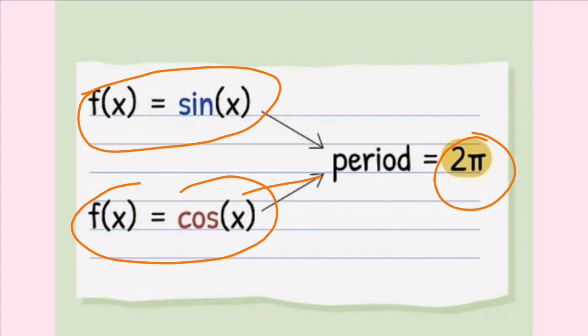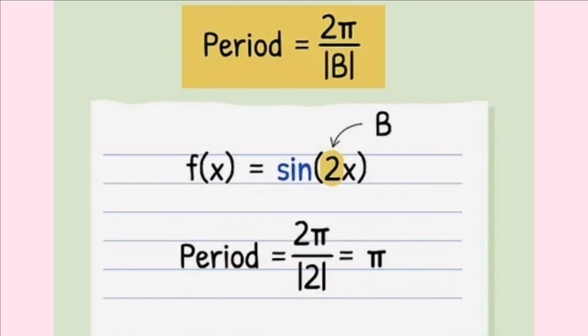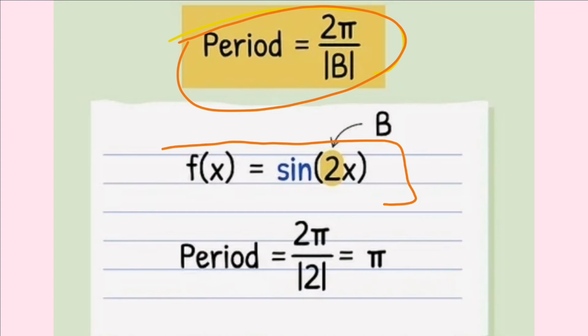Now I want to explain some examples. The general formula for the period is 2 pi divided by the magnitude of b, where b is the frequency. Given that f(x) = sin(2x), what is the period of this function?